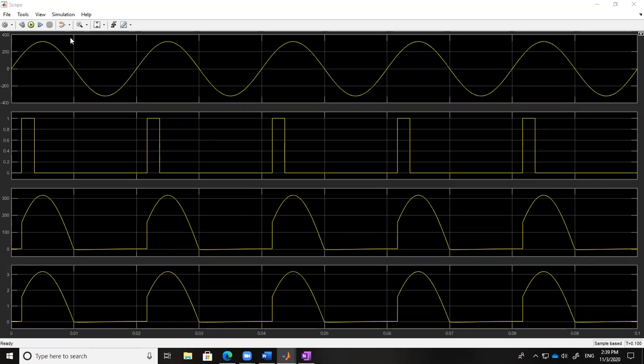What do you see? What do you see? There is AC sinusoidal voltage, right? Then you apply a pulse which is delayed by 30-degree.